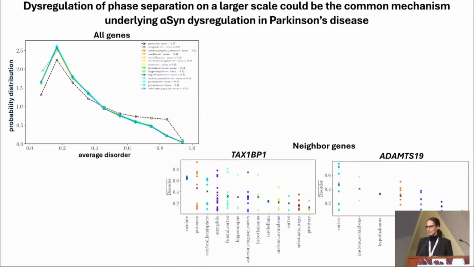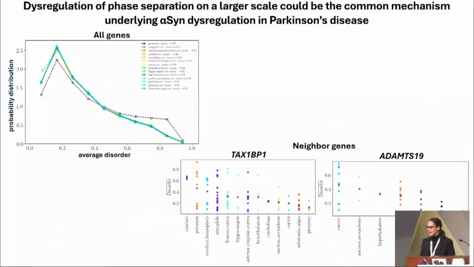We observed a beautiful gradient for the various brain regions, which was particularly pronounced for TAX1BP1. So the neighboring genes of TAX1BP1 were more disordered within two regions that are critical for the pathogenesis of Parkinson's disease, the putamen and the caudate nucleus, which are the basal ganglia.